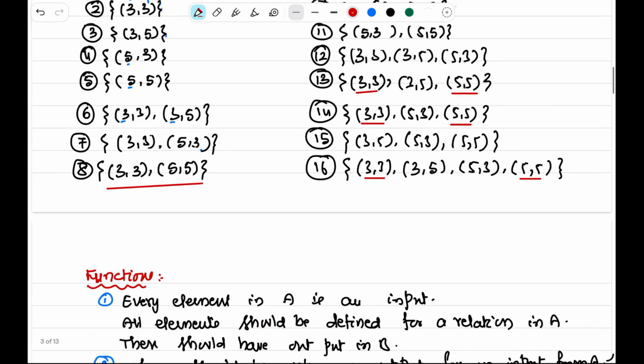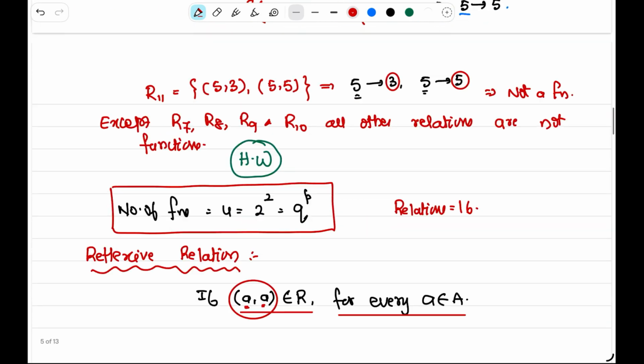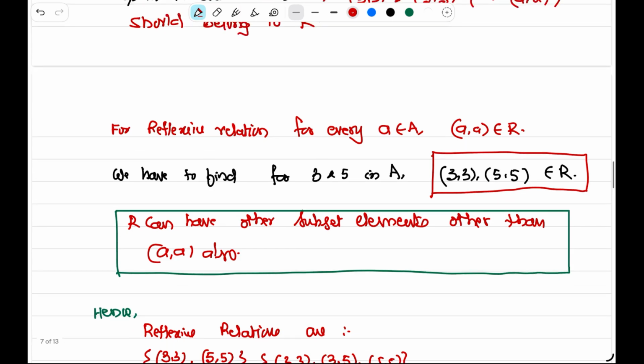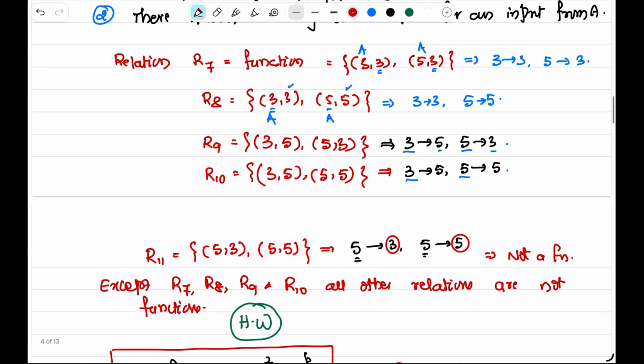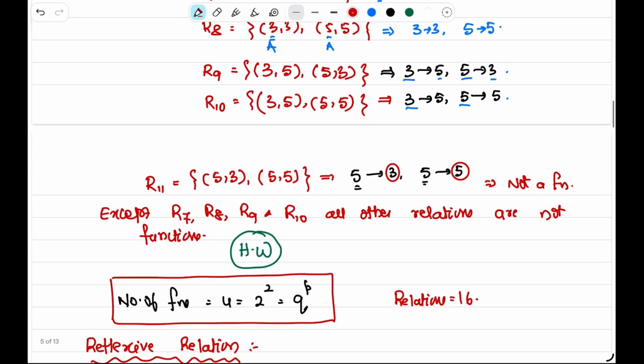And what more? R13: (3, 3), (3, 5), (5, 5), and R14: (3, 3), (5, 3), (5, 5).